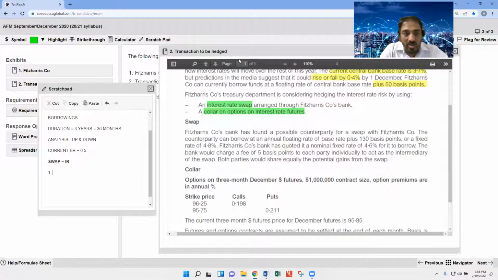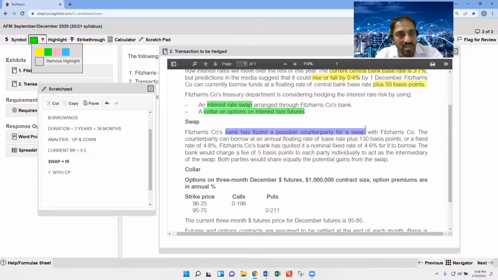So there are two possibilities for the interest rate swap: with a counterparty or with a bank. Here it is the case with a counterparty. It mentions the bank has found a possible counterparty for the swap.